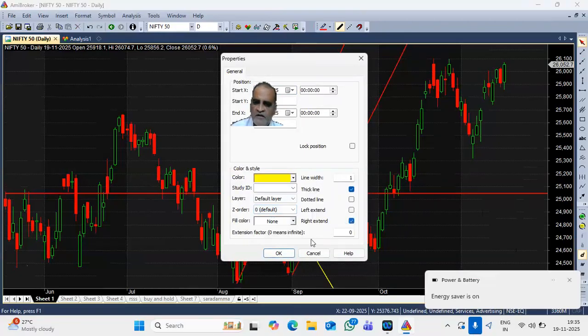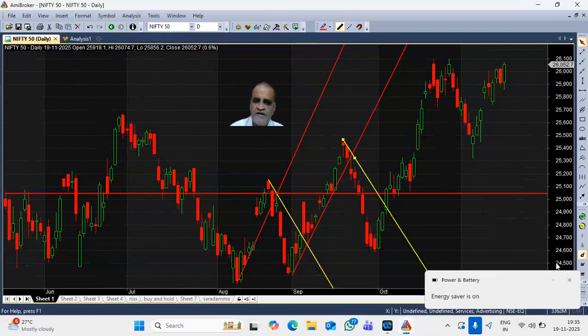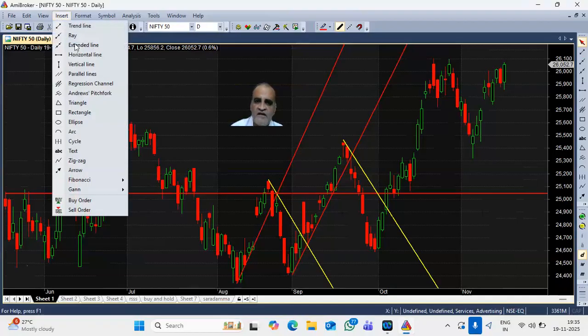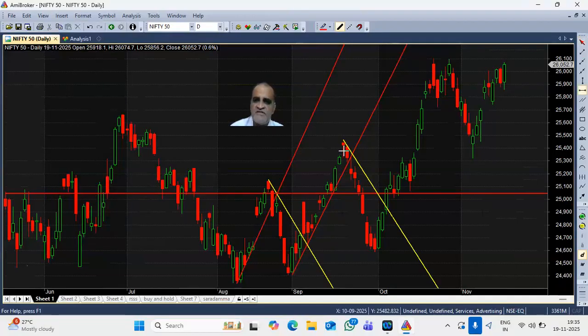Extend right. Okay. And here also we have an intersection. I will place one horizontal line here at the intersection. You will see we do not know what will happen here at this time. But still you can see when it is extended, it took support here.